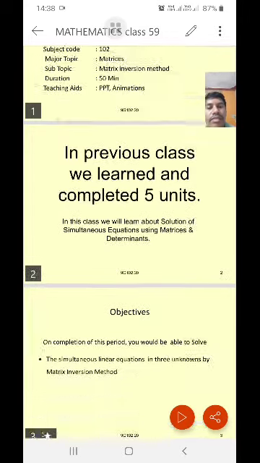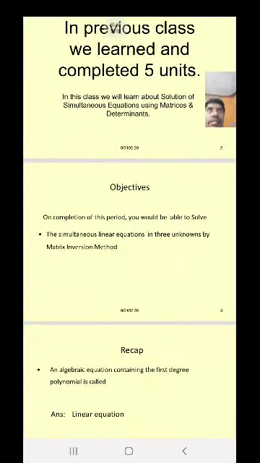So let us see the objectives. On completion of this period, you will be able to solve simultaneous linear equations in 3 unknowns by the matrix inversion method.